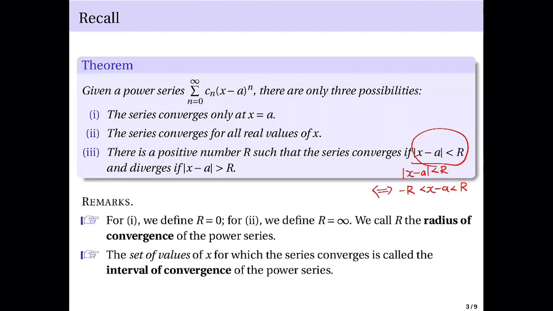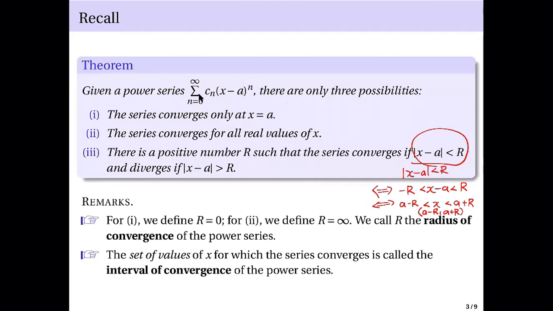And then if we further calculate this, we will have x is greater than a minus r, but less than a plus r. Okay, so this means that if we are in the third case, the power series converges on the interval (a minus r, a plus r).